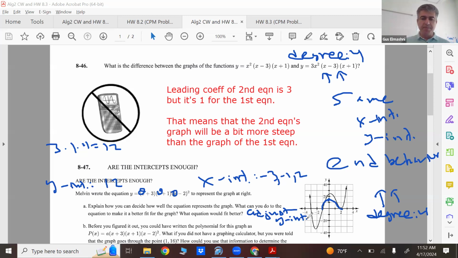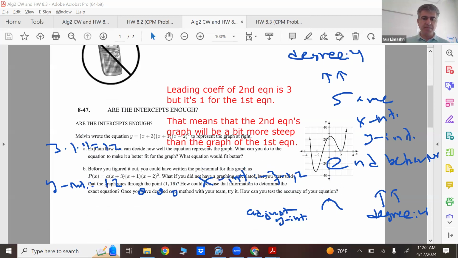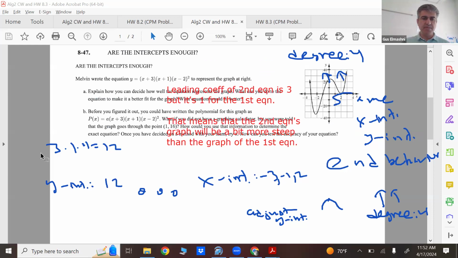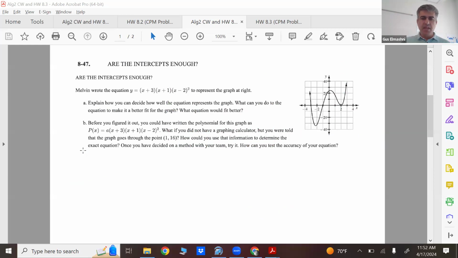Okay, let's look at part B. Before, I figured out you could have written the polynomial for this graph as the following. What if you did not have a graph in calculator, but you were told that the graph goes through the point (1, 16)? How can you use that information to determine the exact equation? So here's what you do. You would say y equals, well, it's already written there.